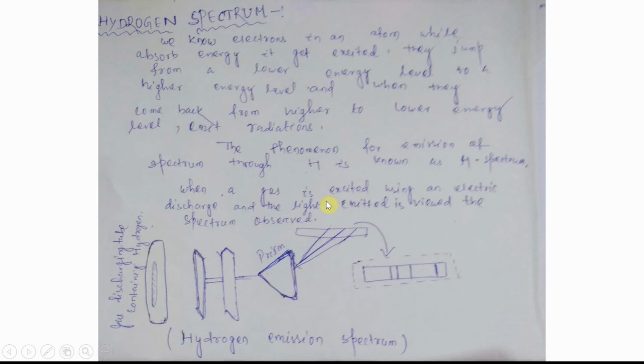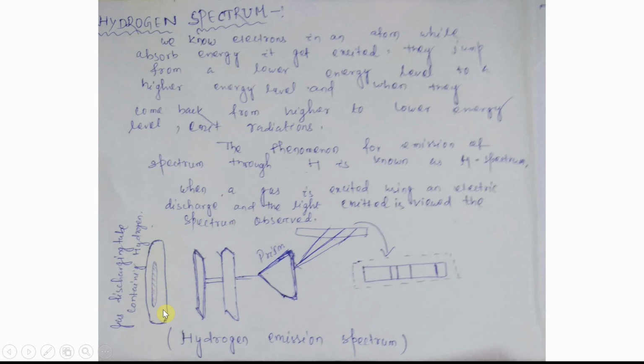When a gas is excited using an electric discharge and the light emitted is viewed, we get the spectrum observed. How can we observe that spectrum? This is the full description of the observation. Suppose a gas discharge tube contains some hydrogen.